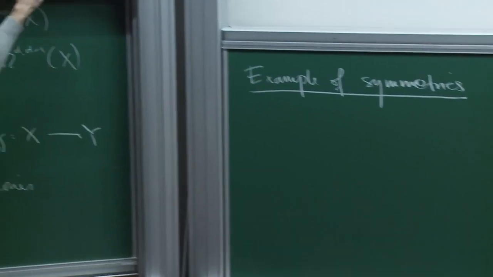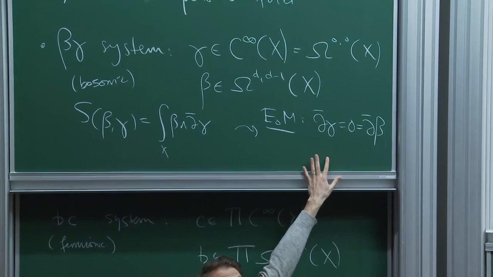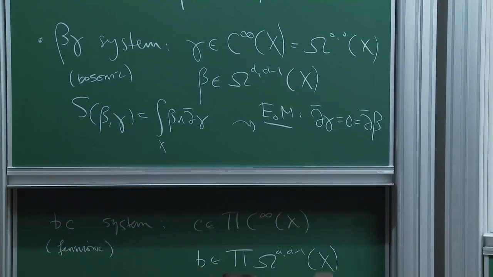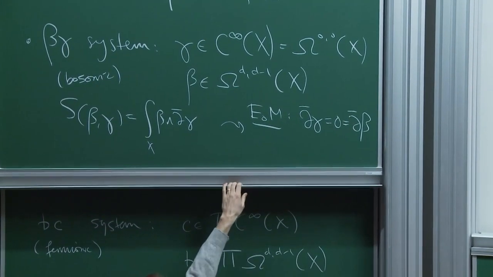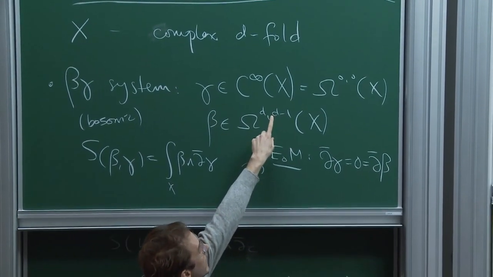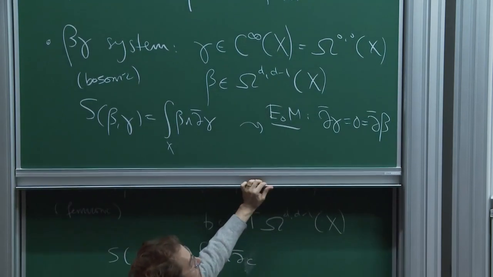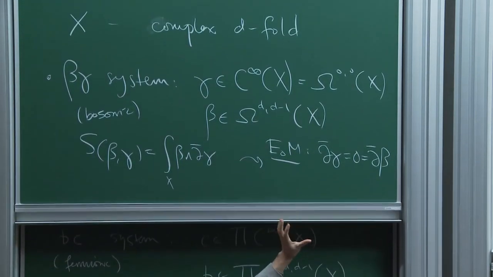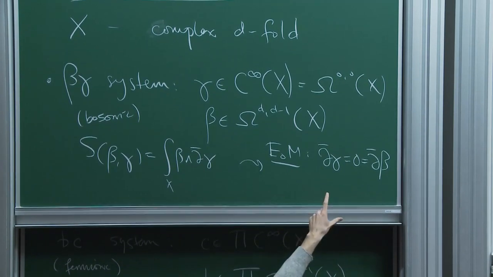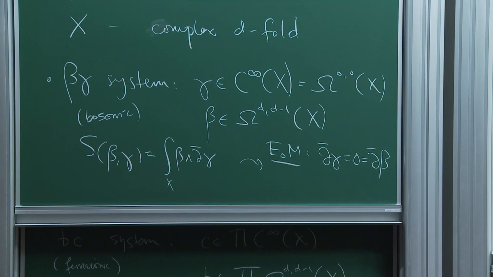So the solutions to the equations of motion are holomorphic, say in particular holomorphic functions. So what I'm going to do now is modify the fields by having them take values in a representation of a Lie algebra. And then if the Lie algebra acts, of course, it'll preserve the space of solutions.